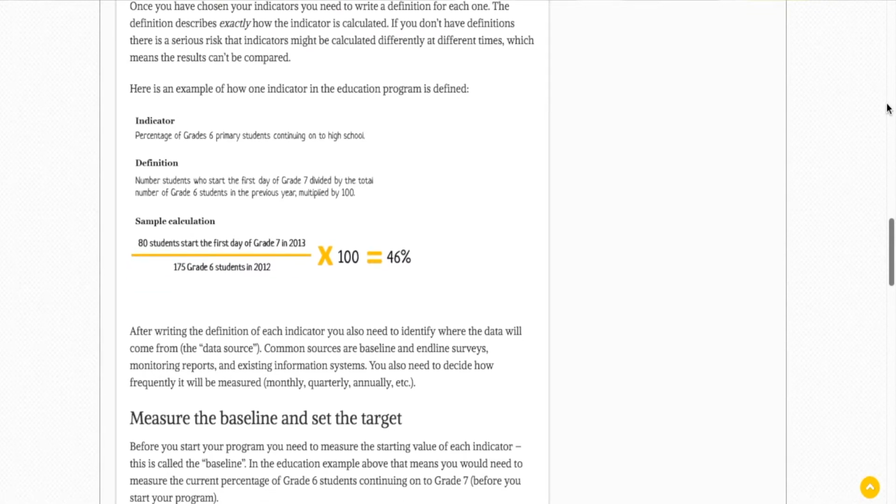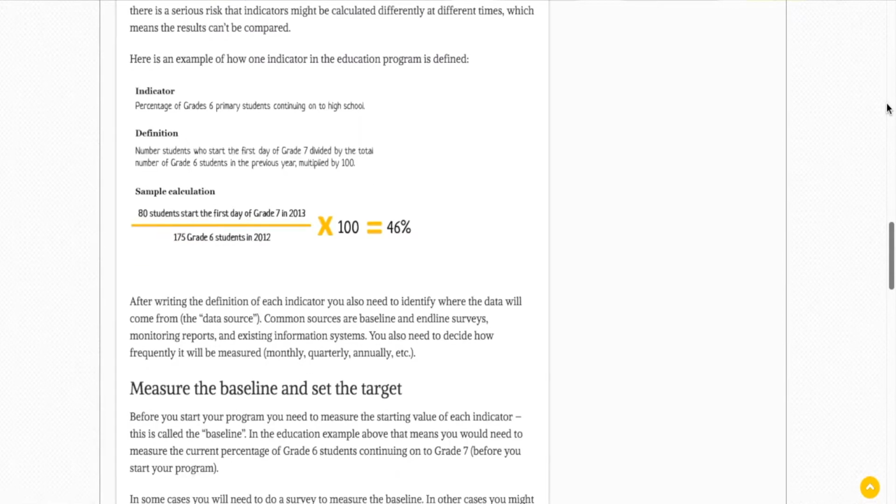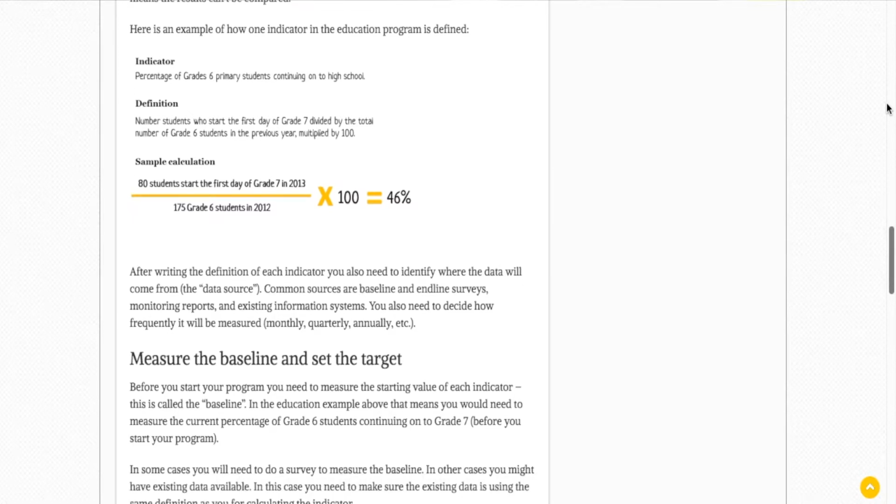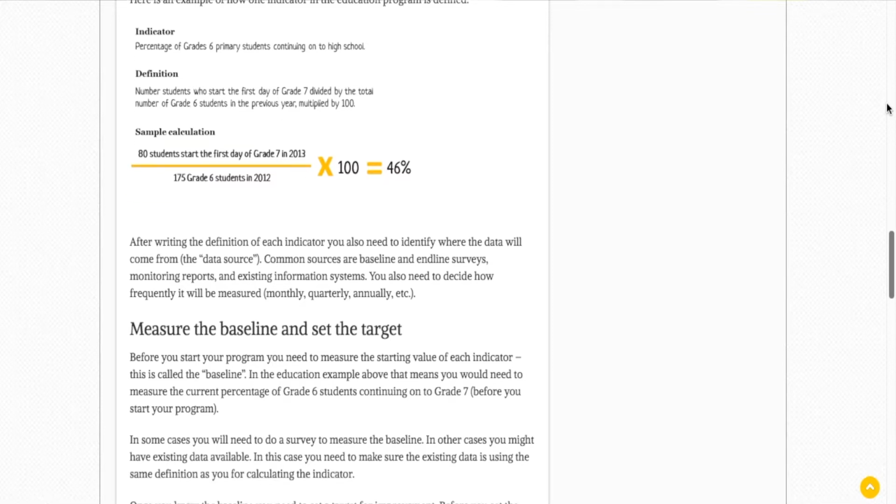Suppose there are 80 students who start the first day of grade 7, say in 2022, divided by 175 grade 6 students in, say, 2021, multiplied by 100, which is equal to 46%.